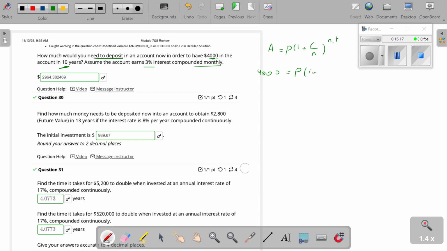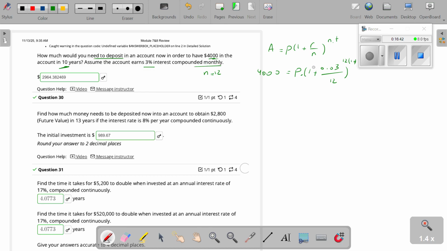r is 0.03, and n is 12 because it's compounded monthly, to the power of 12 times 10 years. So I write 10 here. Now we're trying to find the P value. As you see, $4,000 is equal to P times this whole thing.